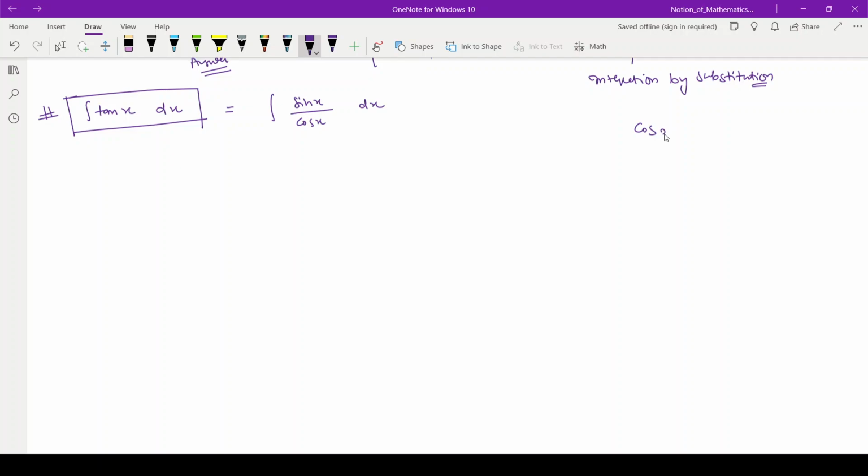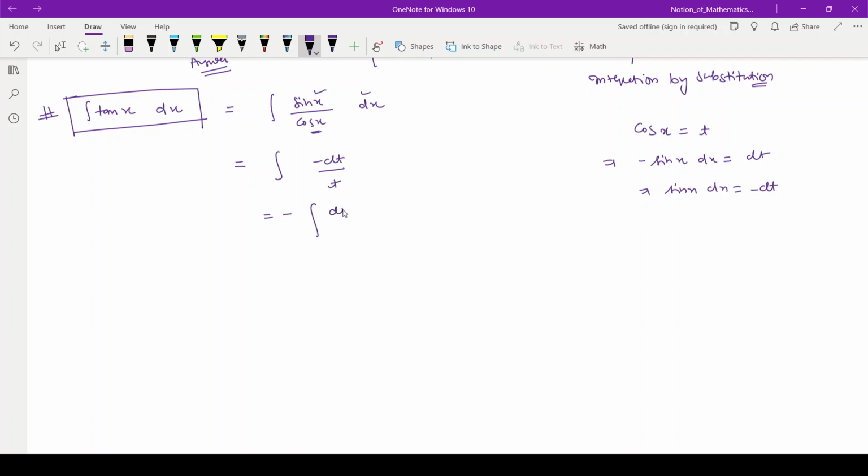So what will be our substitution here? I can consider let cosine x equal to t. So its differentiation is minus sin x dx is dt, or sin x dx is minus dt. So it will be integration, this sin x dx is minus dt and this cosine x is t.